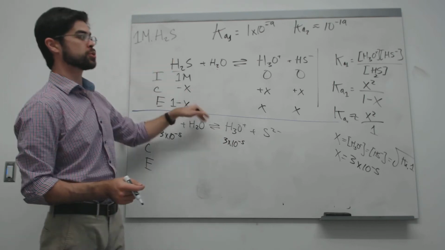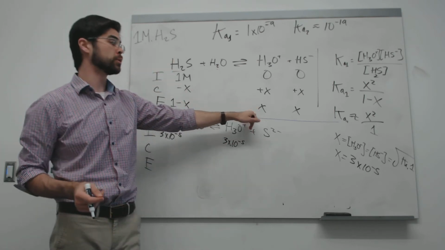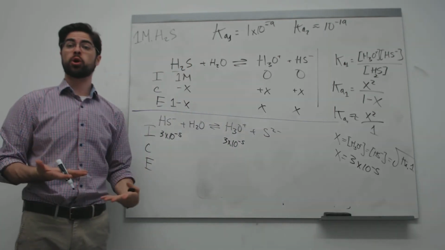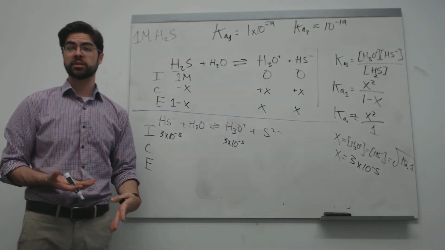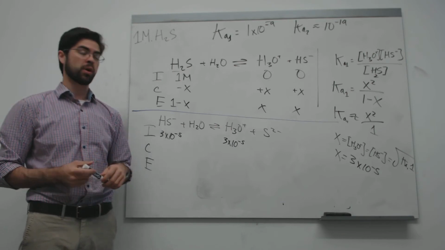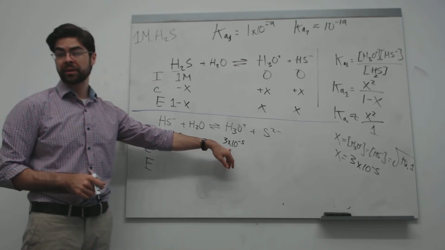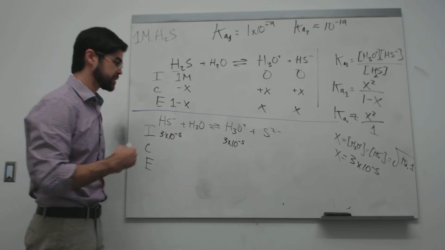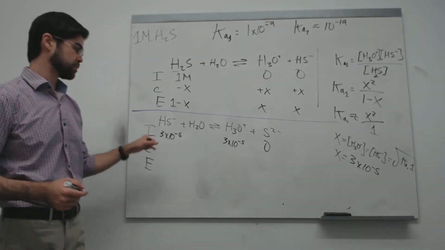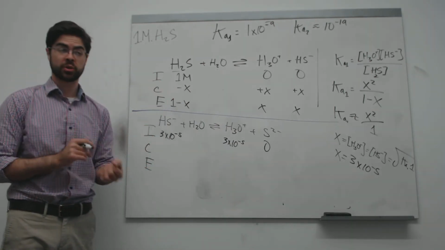We know that the first reaction produced some hydronium, and we already calculated how much there was. Now there's already some hydronium in solution, more so than what you would get just from the autoionization of water. So it's a non-negligible amount of hydronium now present. And we can assume that there is no S2 minus yet produced because we assume it hasn't dissociated yet.